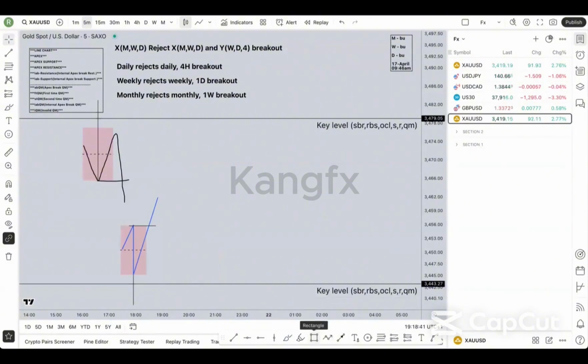After rejection, I'll say this is the rejection, you now see a candle forming something like this. This is not a breakout because this thing was formed after the rejection. So your high that caused the breakout or your low that forms the breakout must be formed before the rejection.